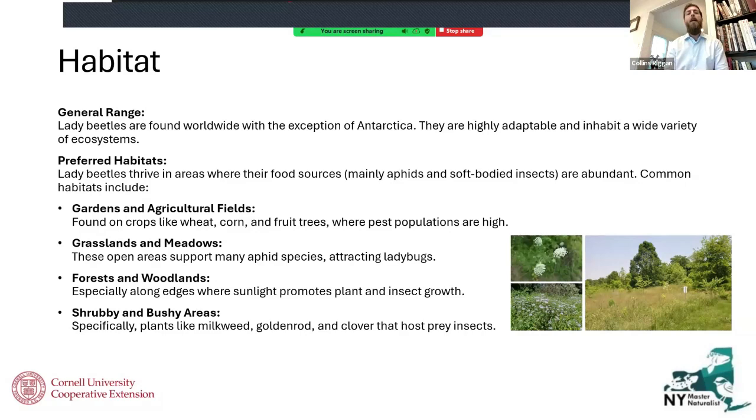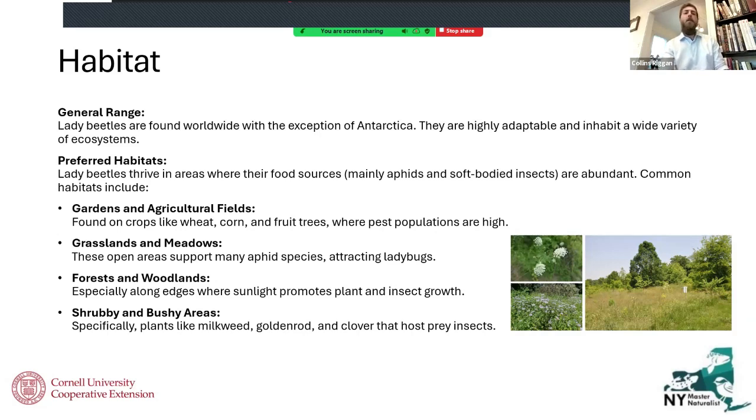Forest and woodlands, especially along the edges where that sunlight is creating those floral lines of plants that are again going to host those predators or insects that they're going to eat. Shrubby and bushy areas, they really tend to like things like milkweed and goldenrod.